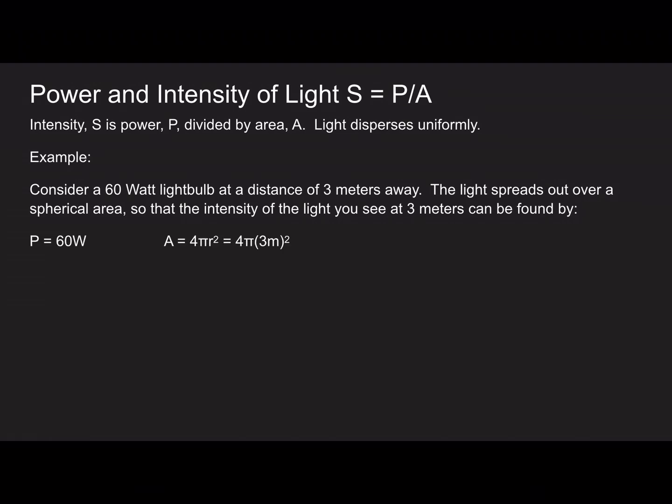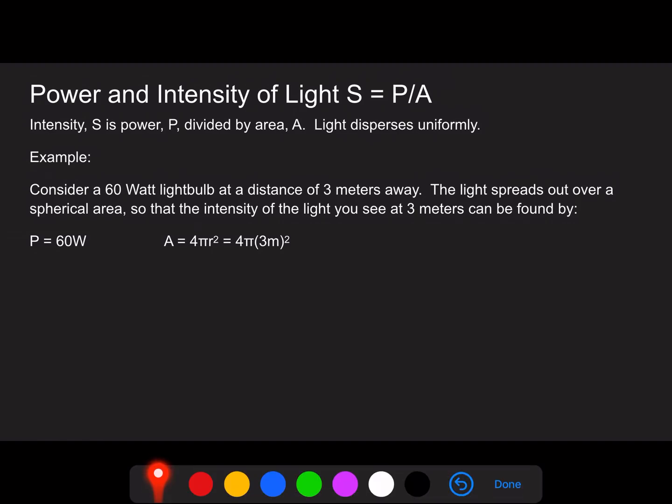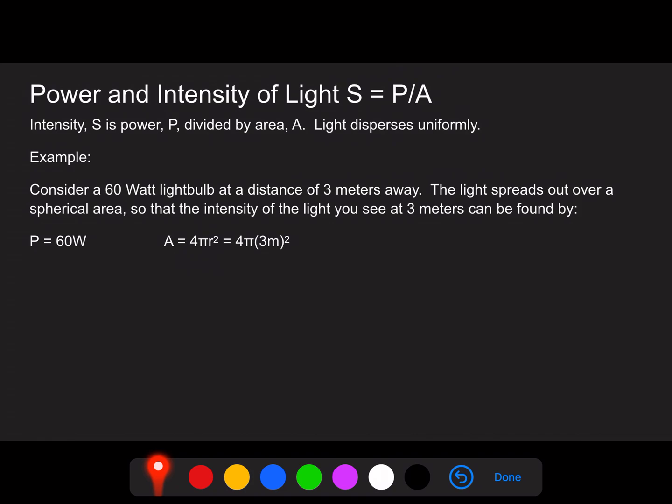And so how you would go about calculating that would be to take the power and take the spherical area, 4 pi r squared, and you would divide the power by that, so that you would find an intensity of approximately 0.53 watts per square meter at your location 3 meters away from that light bulb.